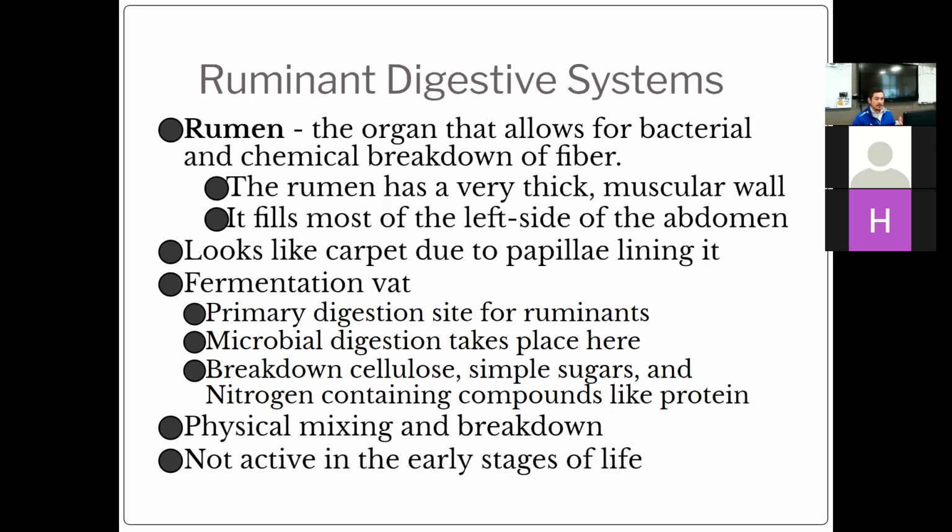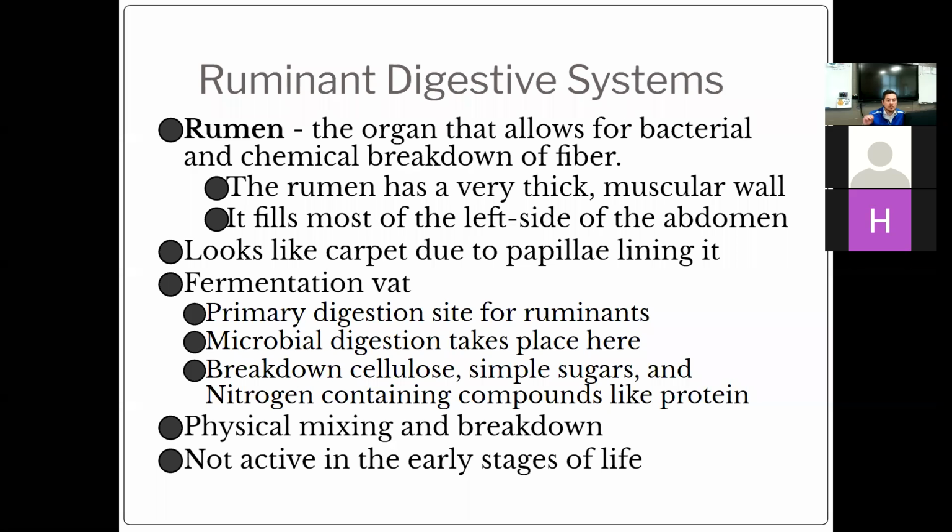So there's physical mixing. We talked about how it's a muscular organ, and there's also chemical digestion, so we're talking about mechanical and chemical digestion at the same time. Their rumen is not active in the early stage of life. I would imagine you can figure out that's because they are drinking milk, so they don't need to break down and ferment forages.